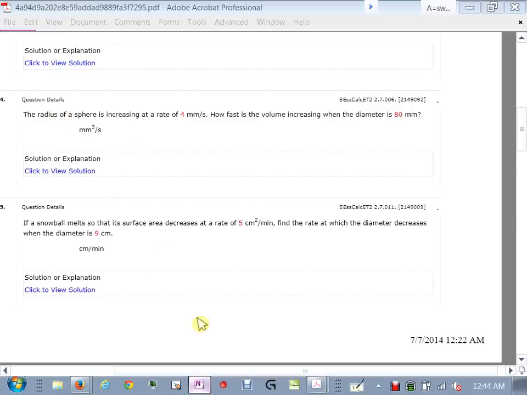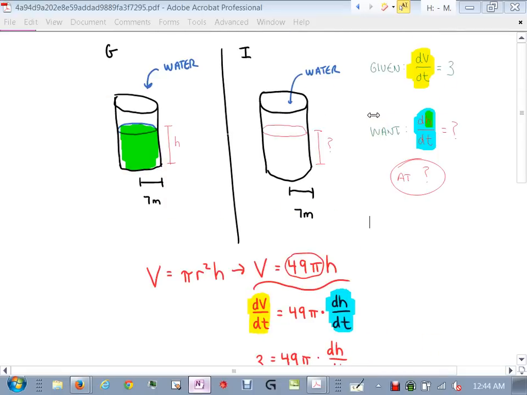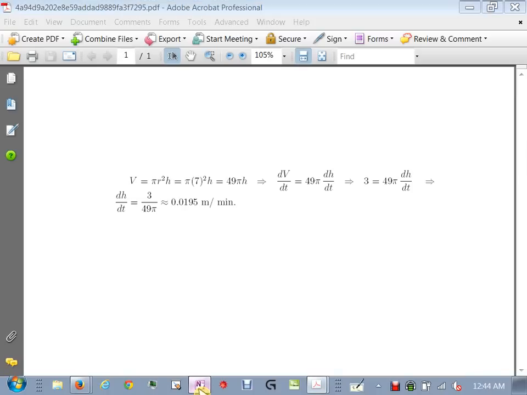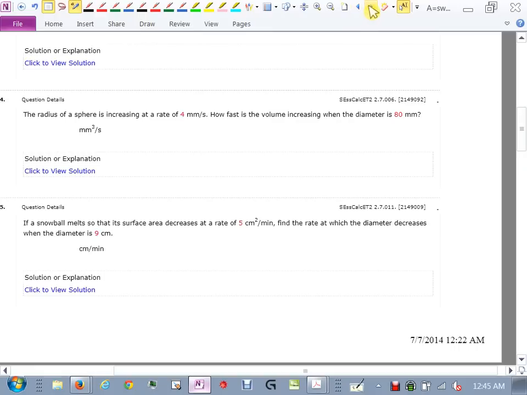So let me try and get my picture going here. What the heck? There we go. All right, two pictures. My general, my instant.